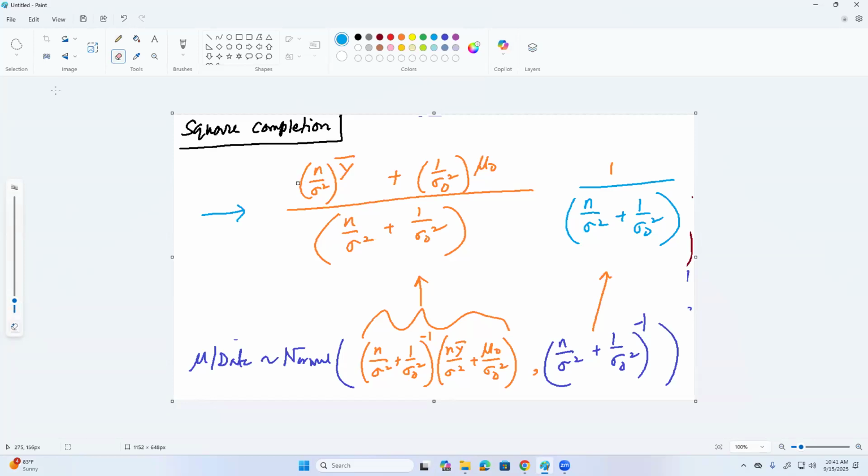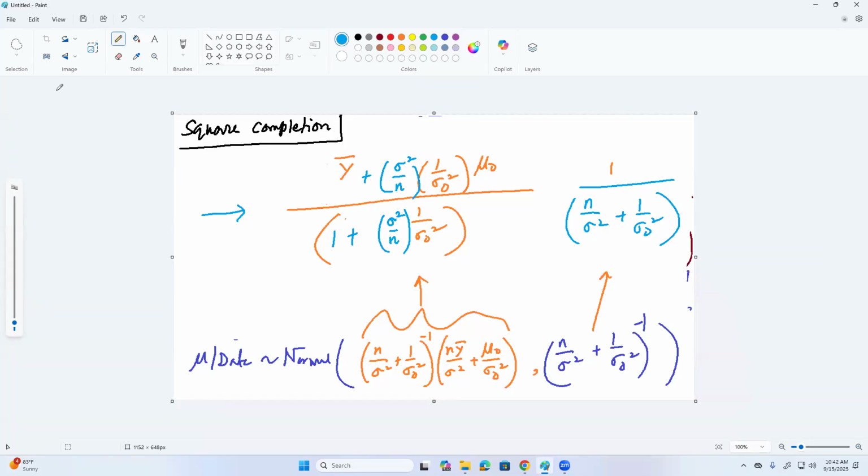It becomes y bar, and this becomes 1, divided by n over sigma squared, so it will be sigma square over n. Here it is 1 plus sigma square over n. I'm just rewriting the posterior mean.